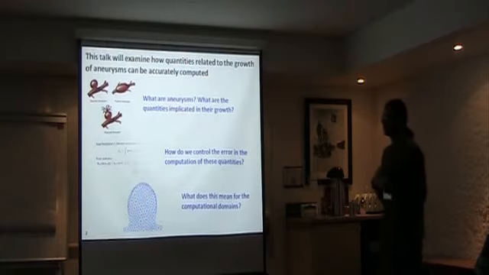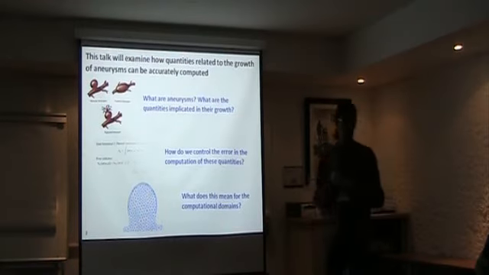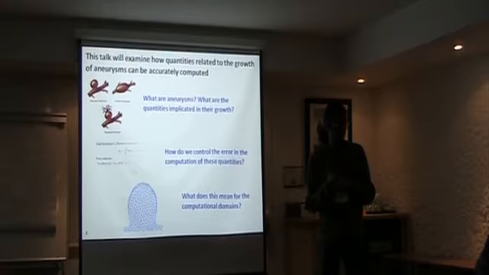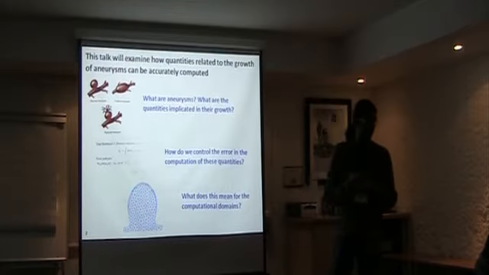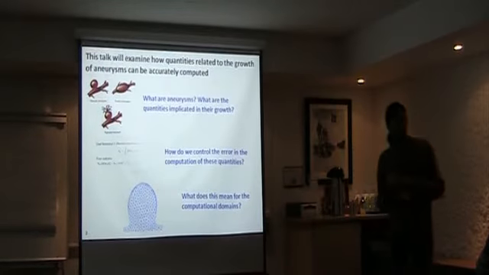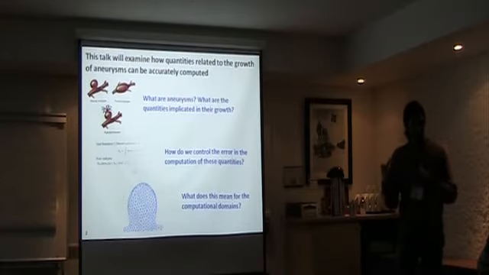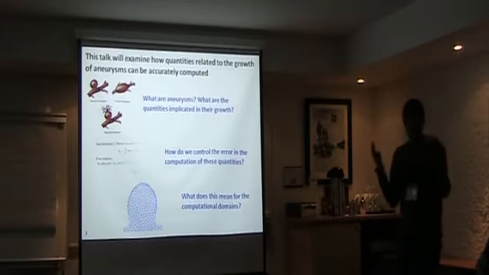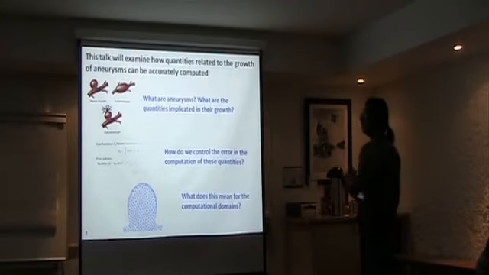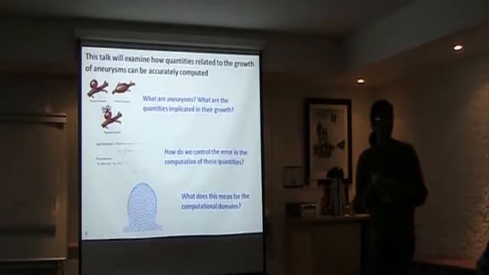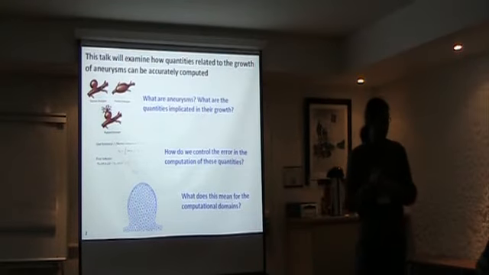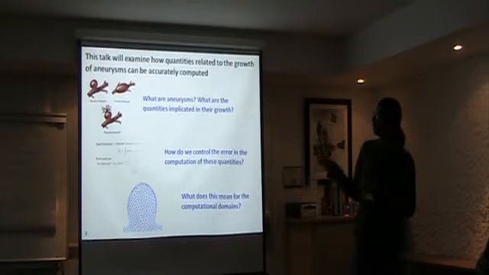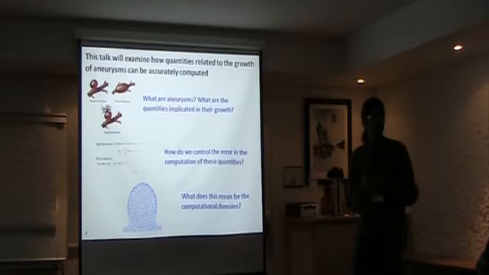So in that context, I'm going to start with an overview of the biology to briefly describe what an aneurysm is. And I'm going to talk about some quantities that people hypothesize are related to or influence their growth and their potentially eventual rupture. And then we're going to step through the mathematics that we use to not only solve the fluid flow equations, but to also take into account that we care about certain quantities.